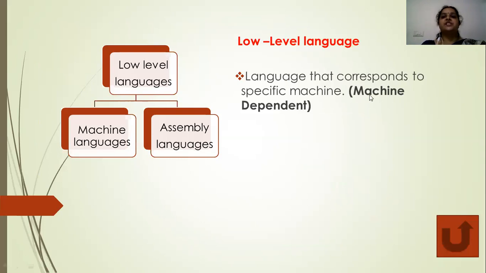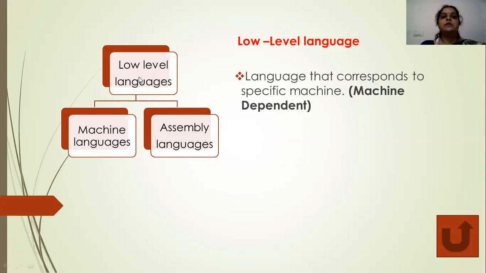It is machine dependent. Why? Because when we run the program we have made on that machine, and if we run it on some other machine, it will not work. It will not give us the output. So that is why it is known as low level language or machine dependent language.